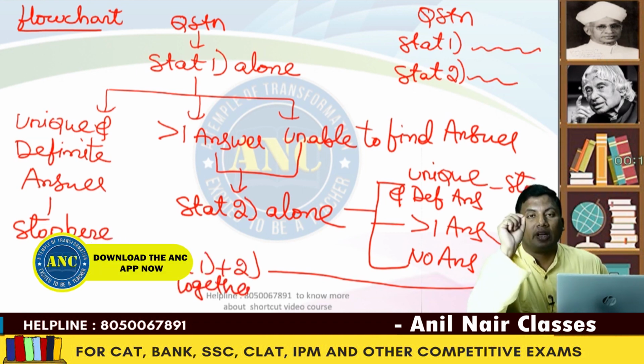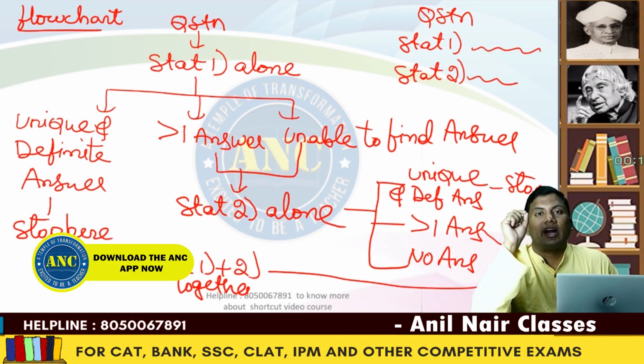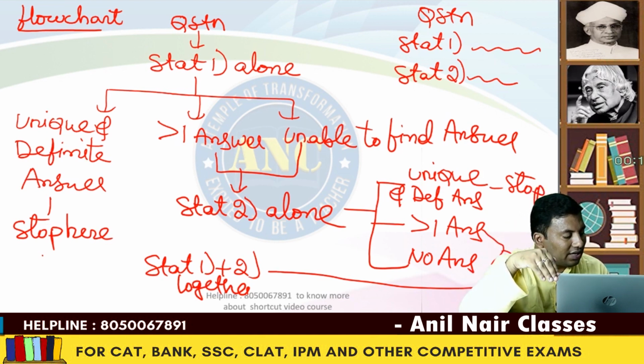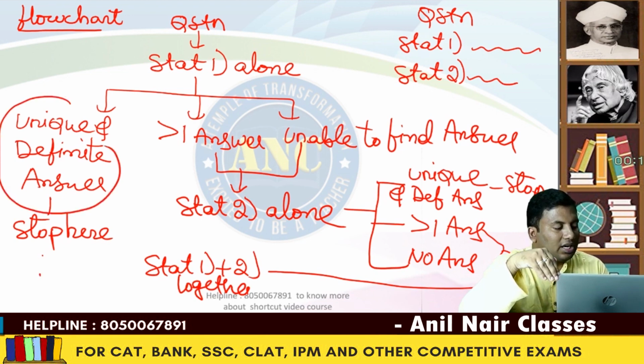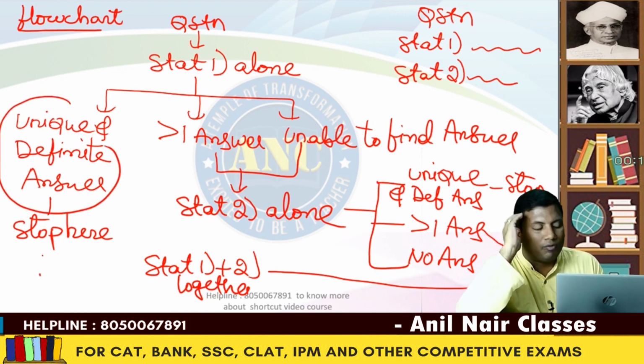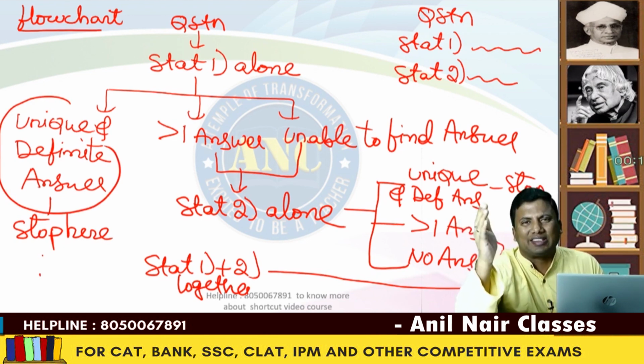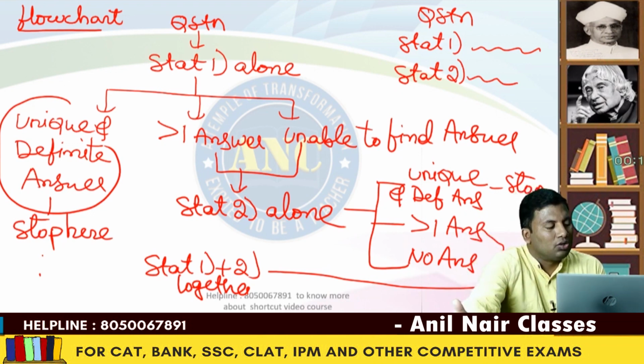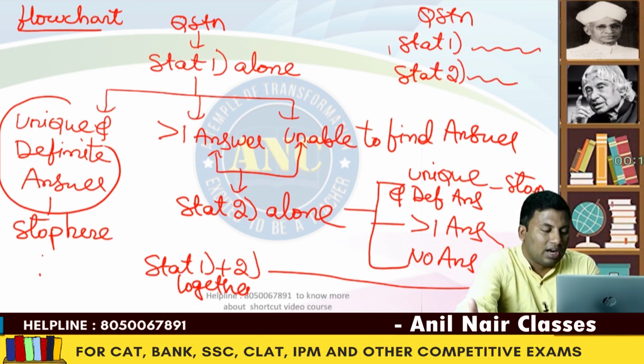Very, very important. What is the flow chart to solve a data sufficiency question? First take statement 1 alone. If you got a unique and definite answer, stop there. What do you mean by not unique? Either you got more than one answer or you are unable to get the answer. Then go to statement 2 alone.